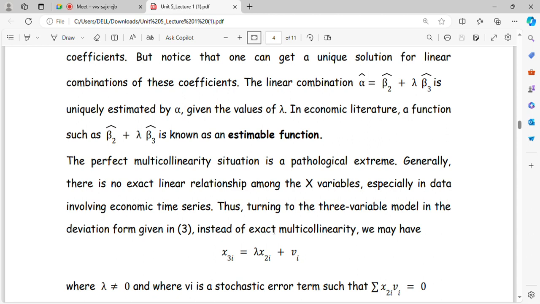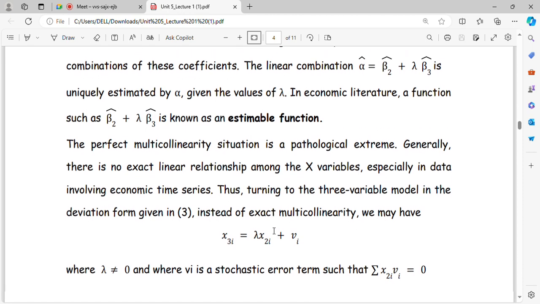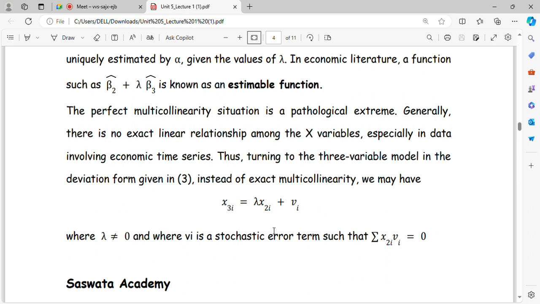Generally, what we see is that there is no exact linear relationship among the x variables, especially in data involving economic time series. Thus, turning to the three variable model in the deviation form given in 3, instead of exact multicollinearity, we may have some kind of not so perfect linear relationship, which is x3i equals lambda x2i plus vi, where lambda is not equal to 0 and vi is the stochastic error term.